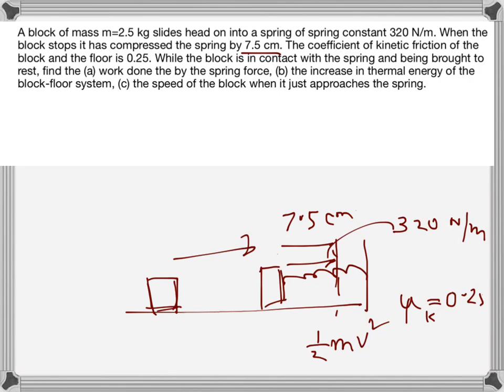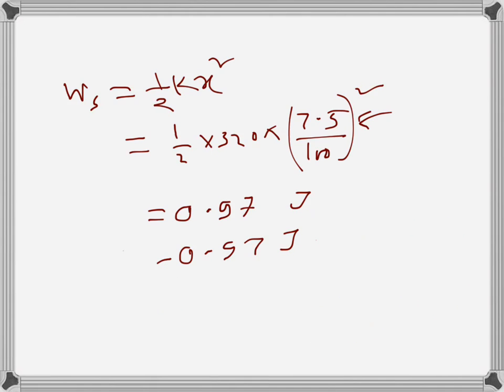Then it says the increase in thermal energy of the block floor system. So the increase in thermal energy will be the kinetic friction, mu k, times mg, the block's weight, times the distance it goes. That will be the thermal energy, or the work done because of the friction.